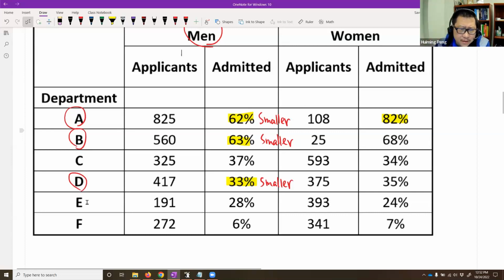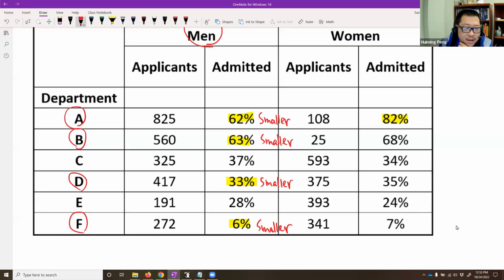So for department E, 28, no, this is not. So smaller for female students. However, we look at the last, F department, 6% is less than 7%. This is smaller too. Okay, let me just circle.